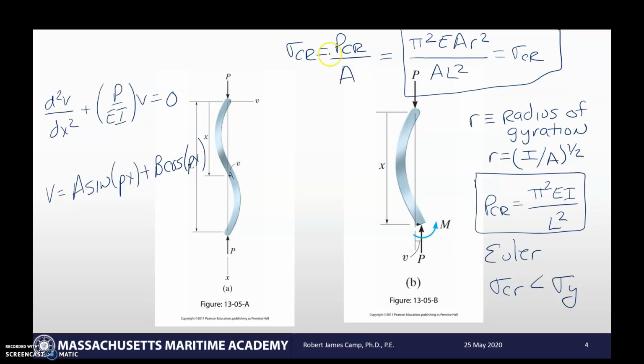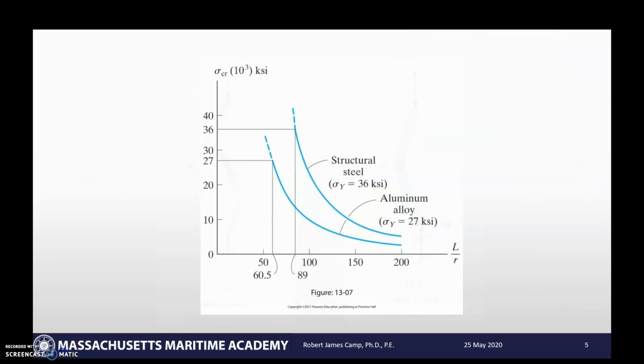Now, this is important because we can rearrange that critical stress equation using everything and say the critical stress is equal to pi squared E divided by L over R squared. And this is important because in columns you will see L over R come up, and that's defined as the slenderness ratio.